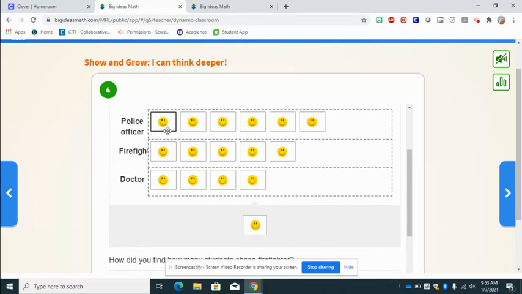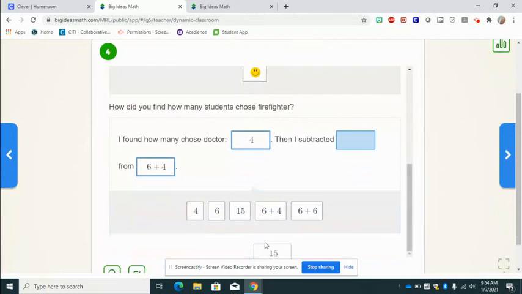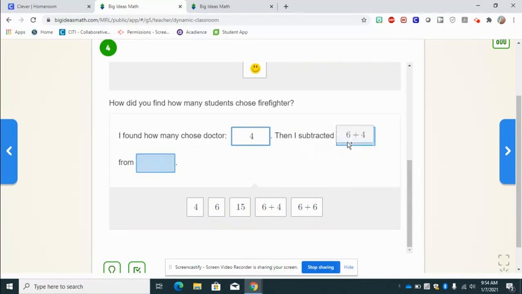Well, I said that we could add our 6 and our 4 together to get 10, and we needed 15 altogether. Sorry, I did that wrong. Let me start over, 6 plus 4 from 15.